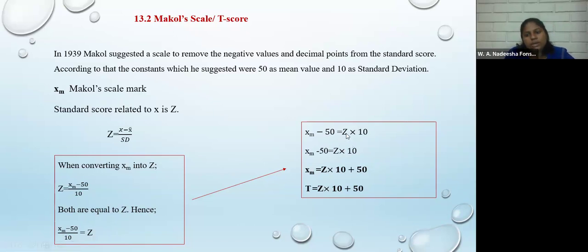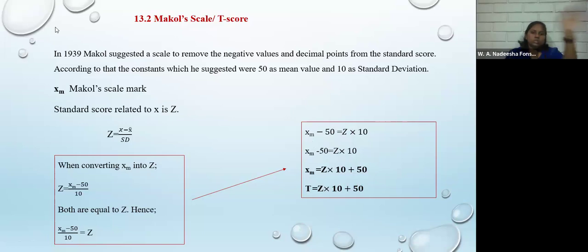So that is why Z by 10 here. Now XM minus 50 equals Z into 10. Here we want to get rid of this minus 50, so we have to add 50 to the other side. That is why XM equals Z into 10 plus 50.